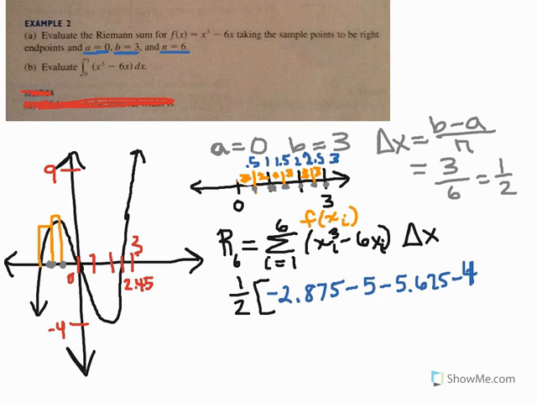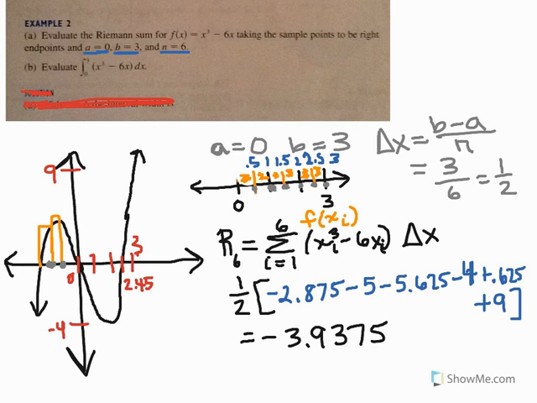All those were negative. We'll talk about why. f of 2.5 is negative 0.625. And f of 3 is 9. So we add all those up and multiply it by 1/2, and my answer is going to be negative 3.9375.